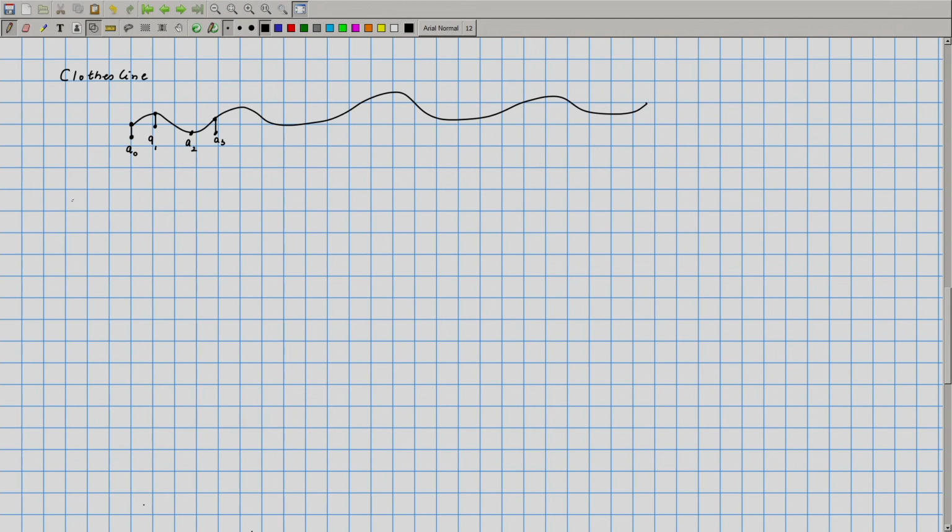More formally, the mathematical way to think of this is as a formal power series. So, a generating function is a formal power series.